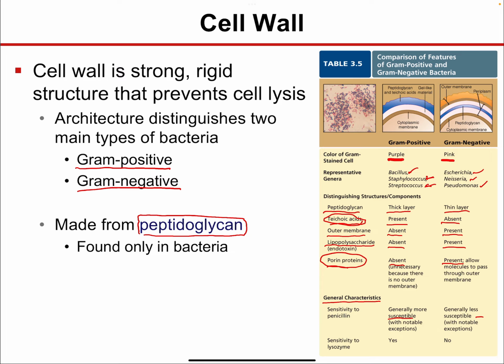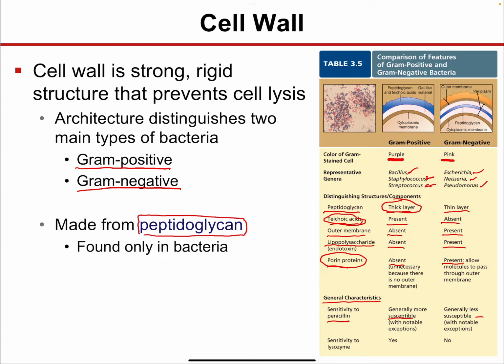The penicillin targets the synthesis of the peptidoglycan. Gram-positive rely heavily on their thick peptidoglycan, and the peptidoglycan is the target of the penicillins, so naturally they are going to be vulnerable in the presence of penicillin.